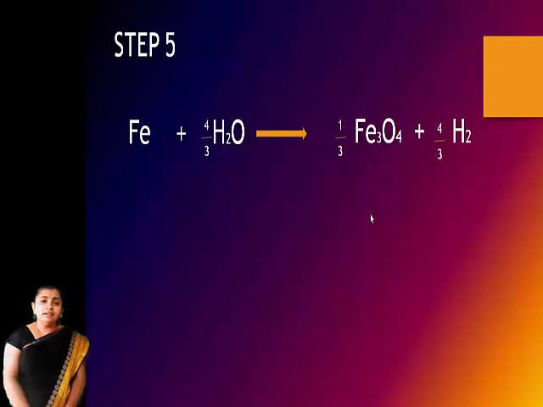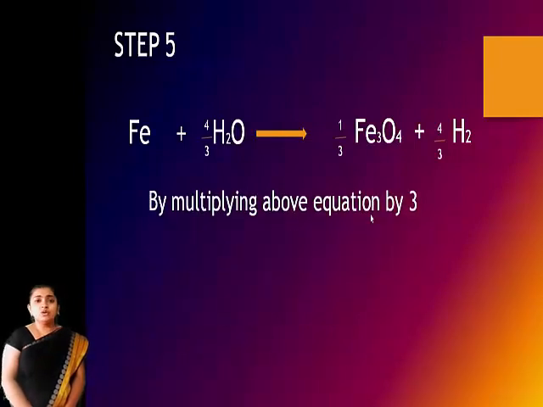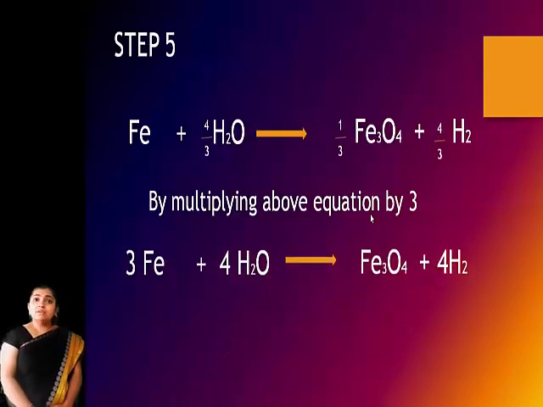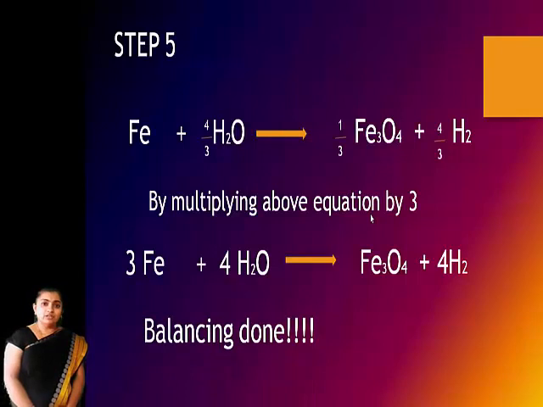As the numbers here are fractions, we have to convert them into integers. So multiply the whole equation by 3. We get 3Fe plus 4H2O gives Fe3O4 plus 4H2, which is similar to the above equation.